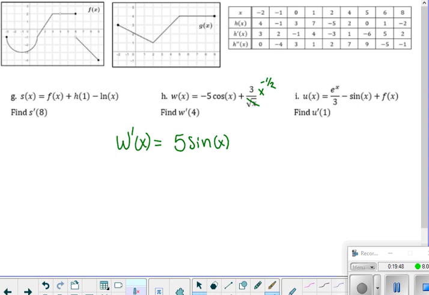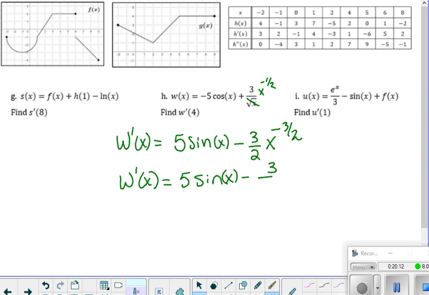The negative 1/2 comes down and multiplies by 3, so that's going to be 3/2, x to the negative 1/2 minus 1 will be a negative 3/2. Now, not much to clean up, but the one thing I see we could do is bring that negative exponent down to the bottom and have 2. Do you want to write it as a square root of x cubed? Sure, why not?